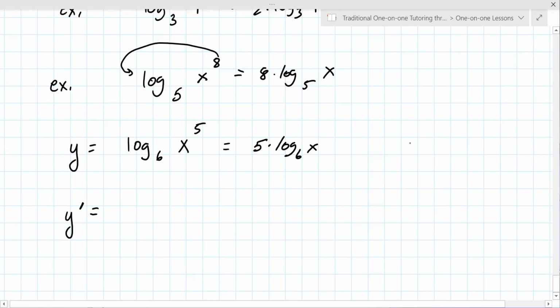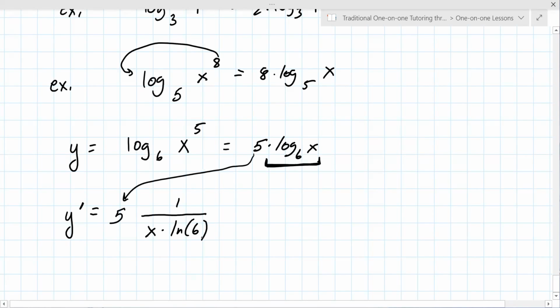Now, last week we talked about the idea that this 5 just comes along. What is the derivative of this logarithm part? It's 1 over x ln 6. And then sometimes you put this 5 up here, so it'd be 5 over x natural log 6.